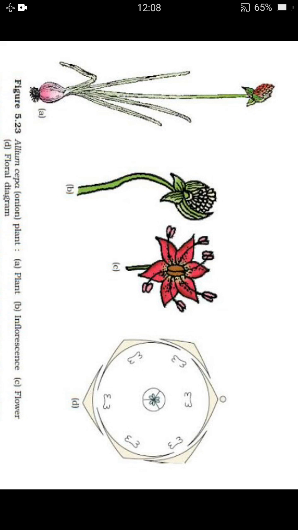Next, trilocular. Just now I said trilocular. So how many locules are present in the center? 3. Another name for locule is a chamber-like structure. How many in number? 3. That's why trilocular. You are following the diagram, I hope so. Next, with many ovules. There are many ovules present at axile placentation. What is meant by axile placentation?